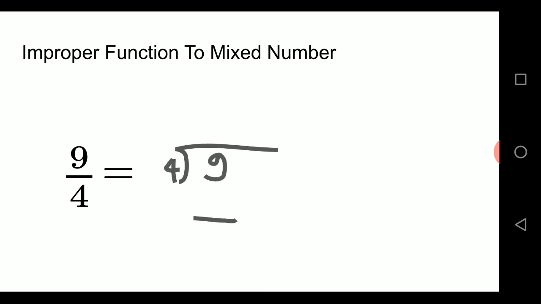I'm going to do a long division. 4 twos are 8, and 9 minus 8 gives me 1, remainder 1. So 2 represents the quotient, 1 represents the remainder, and 4 represents the divisor.